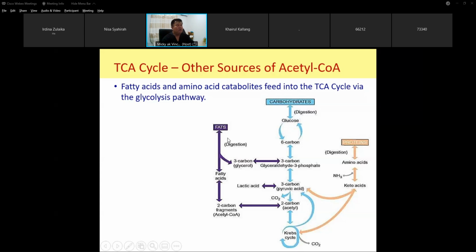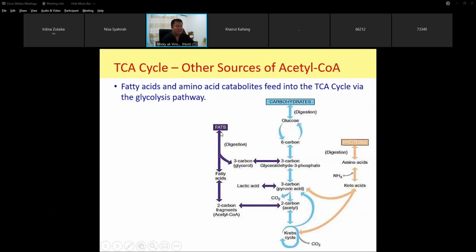If you take fat, it will still be able to give you glycerol, and this will enter glyceraldehyde triphosphate, which is GAP. Remember last week kita bercerita tentang DHAP and GAP. So from fat you can get GAP, and from GAP we can get pyruvic acid, macam daripada glucose.